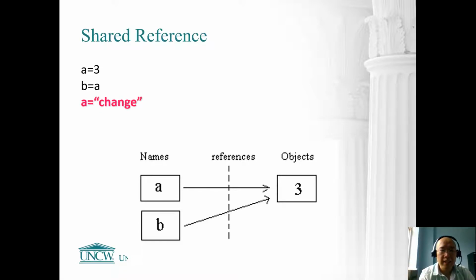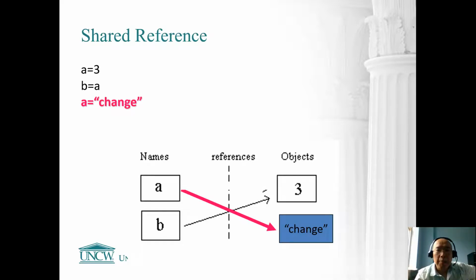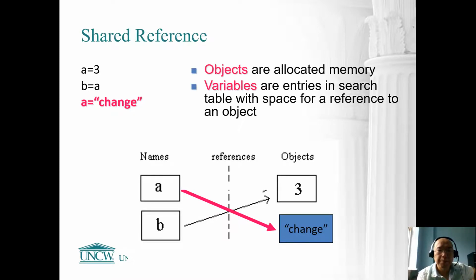And how about we update A's value to change? So now A is no longer 3. A has a new value change. How does Python handle that? Python will create a new object change, which is a string, and then Python will update the reference. Now A refers to the string change, and yet B still has the original value, which is 3.